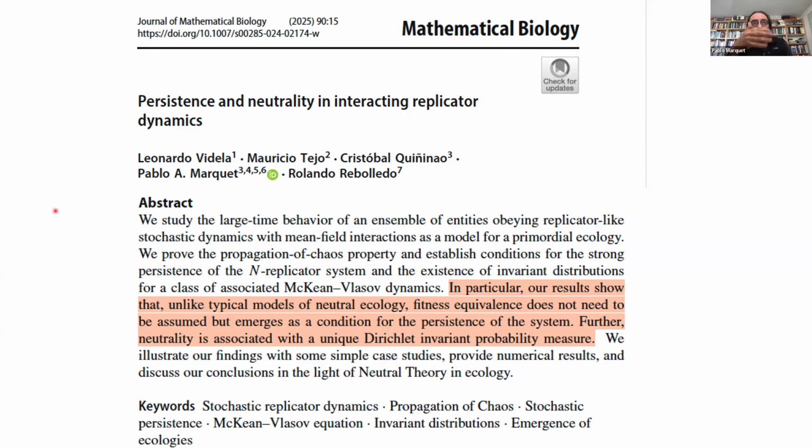higher than the average one in this ensemble. It was set up back in the 70s. This is very interesting because this replicator equation has been very well worked out. It is also the equation that Eigen and Schuster used for their hypercycle, which was one of the models for the origin of complex life.